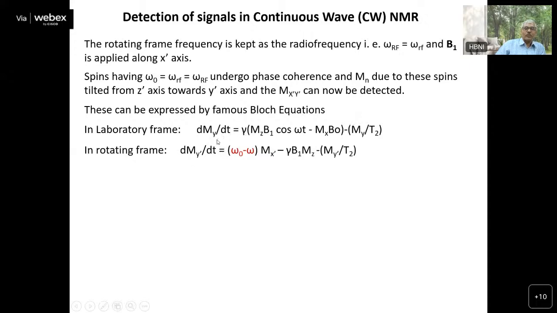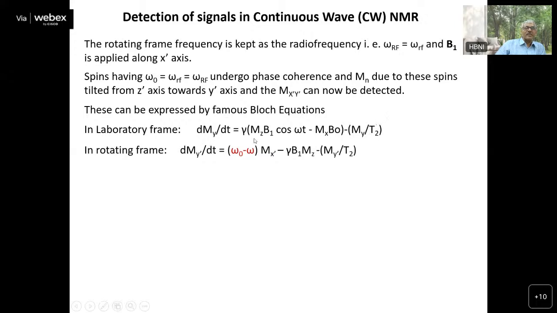In the case of the Y component, it is directly related to the gyromagnetic ratio, the initial Z component magnetization, the B1 field strength, the precessional frequency, and the time for which B1 is applied. Then there is your X component magnetization, your magnetic field, the Y component magnetization, and your T2.